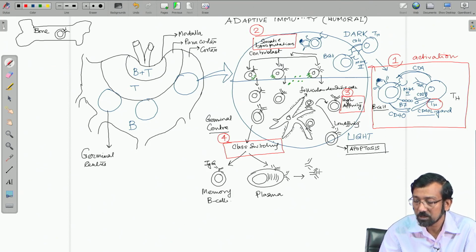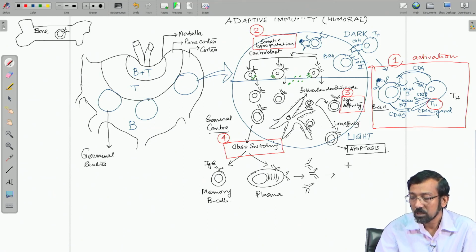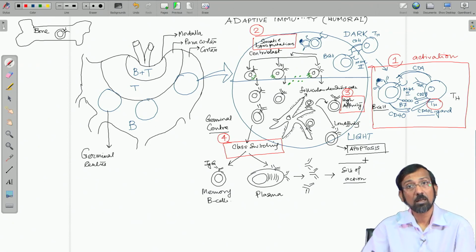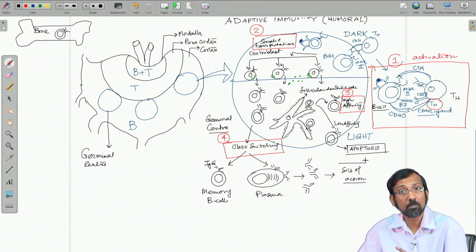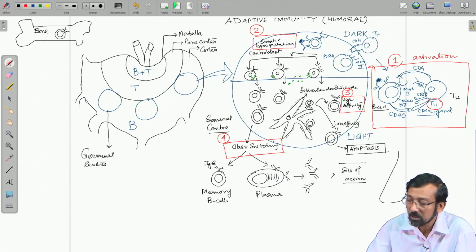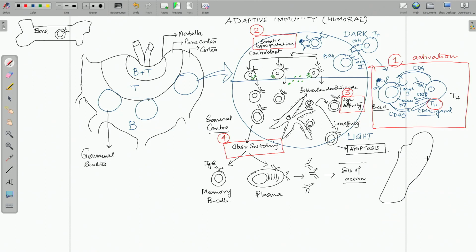These antibodies will now be secreted and they will go to the site of action. If you recall from one of our initial classes, we go back to that tissue portion where there was a tissue invasion, with pathogens getting in and different types of cells.